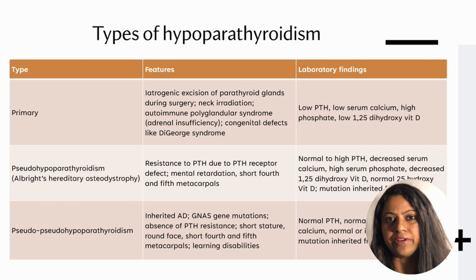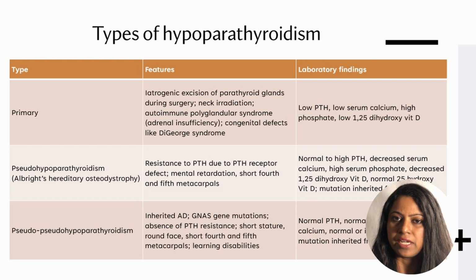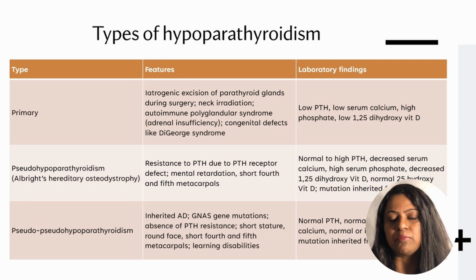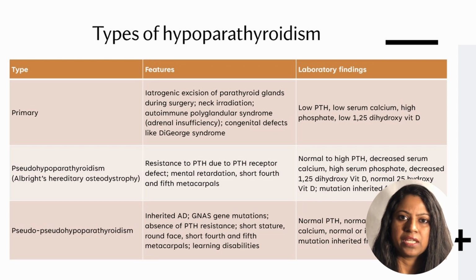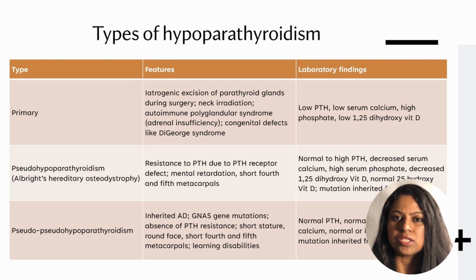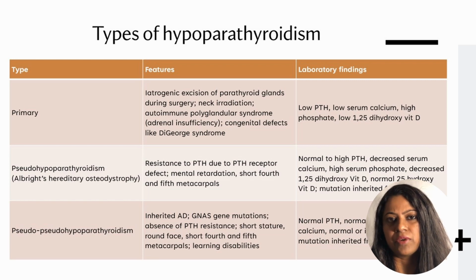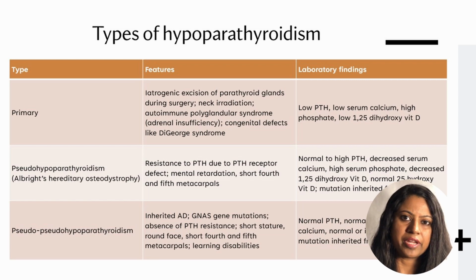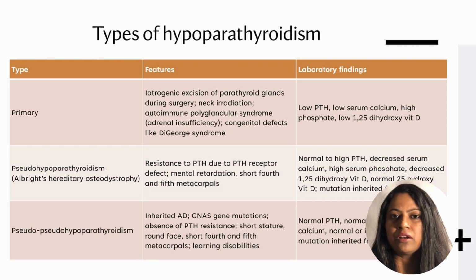Sometimes it may follow irradiation to the neck and thyroid gland. Sometimes it may be a part of polyglandular autoimmune syndromes, or it may be due to metastasis to the parathyroid gland, which may stop the functioning of the parathyroid gland, etc. Some congenital conditions, especially DiGeorge syndrome, can also be associated with primary hypoparathyroidism. Laboratory features include a low PTH level, which will then lead to a low calcium and a high serum phosphate level.